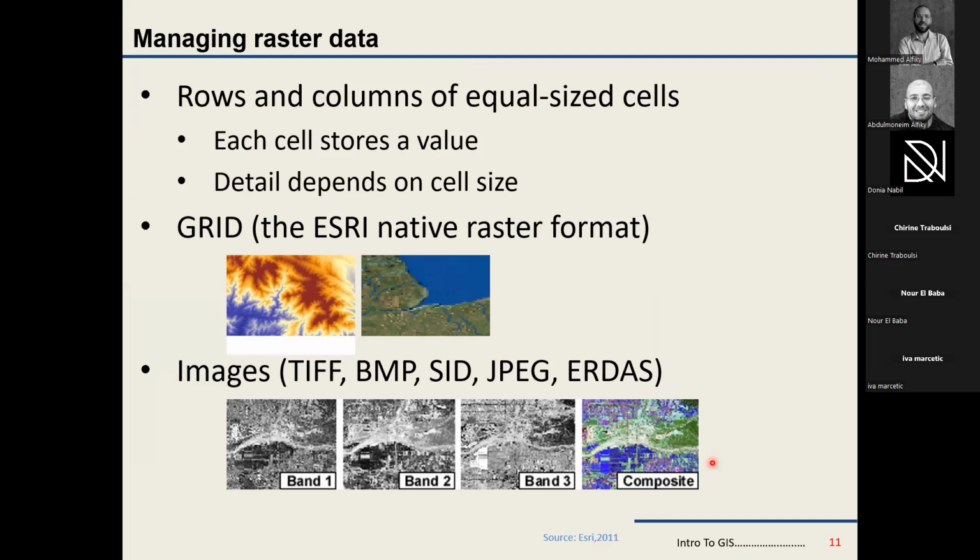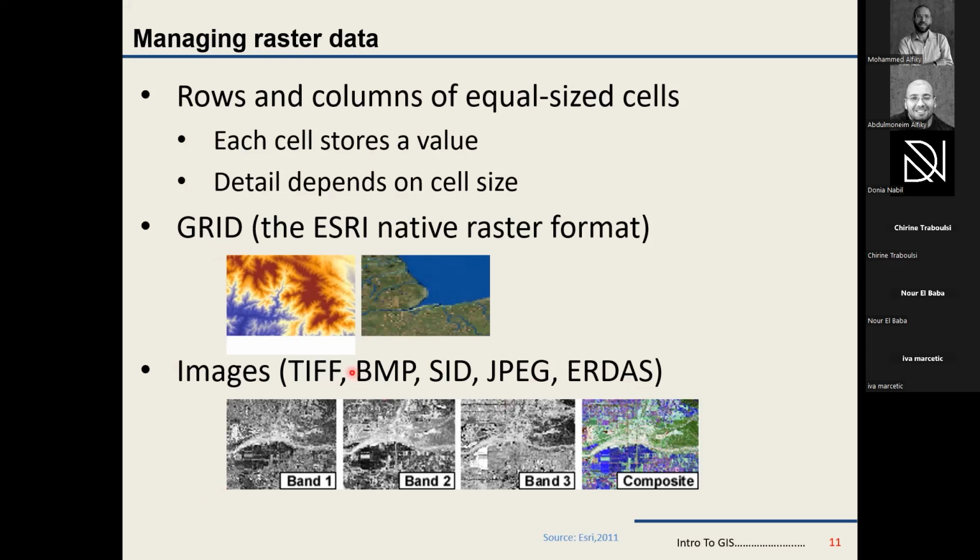When dealing with raster data, first of all, the raster data is shown as a grid, and that grid is divided into cells that carry a value or the attribute that we're studying. There are some native formats from Esri, like the grid, which still exists, but there are also images like the TIFF, BMP, SID, JPEG, and ERDAS.